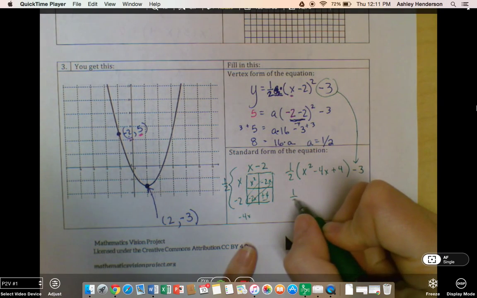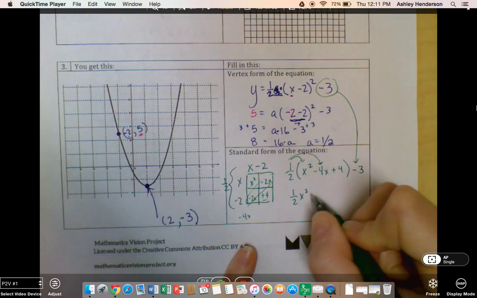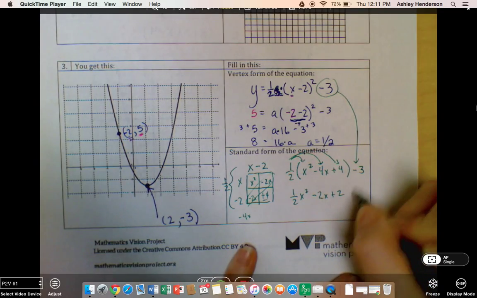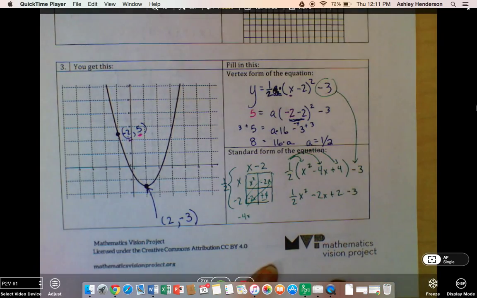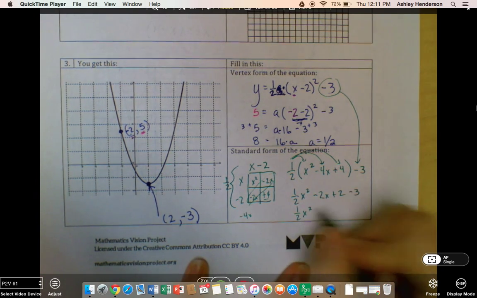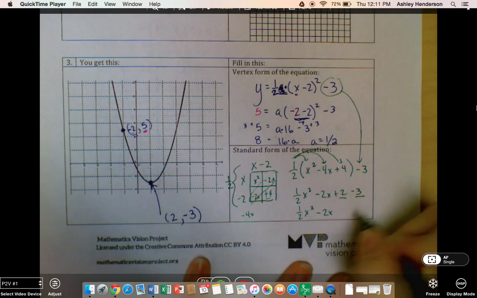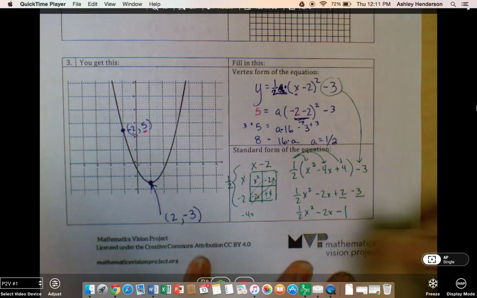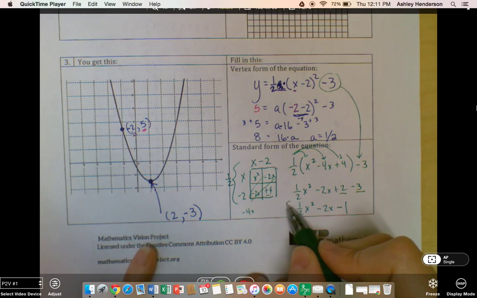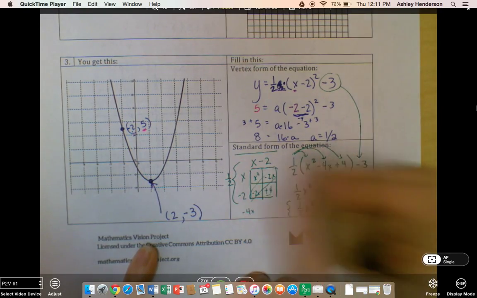So now I have 1/2 x squared, I'm just distributing here, minus 2x plus 2 minus 3. Okay, so I have 1/2 x squared minus 2x, I've got common terms here and here, makes minus 1. So my standard form is here. So this equals y, and that's standard form.